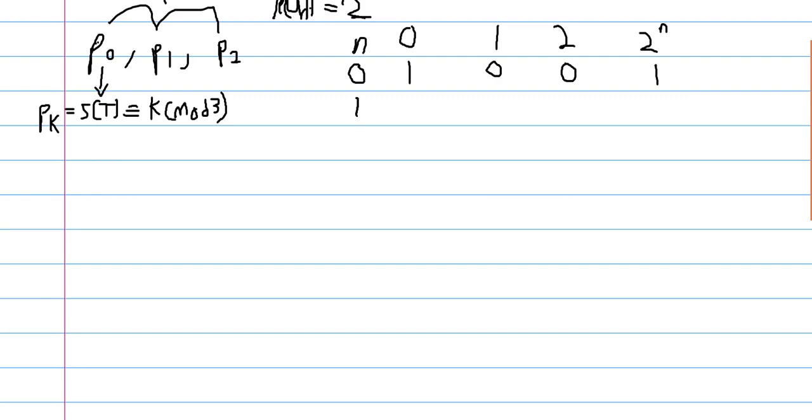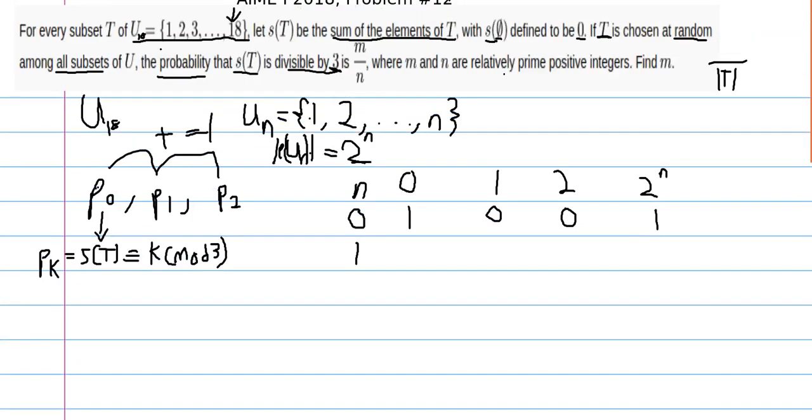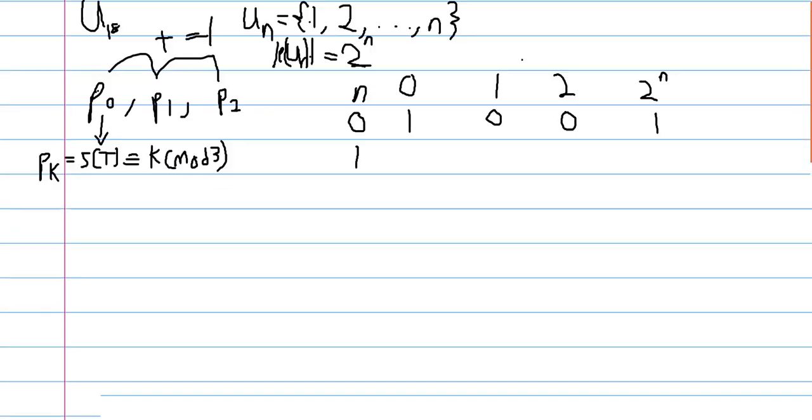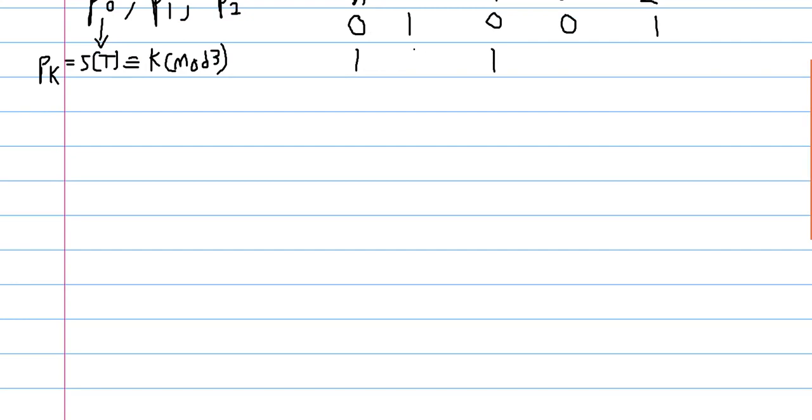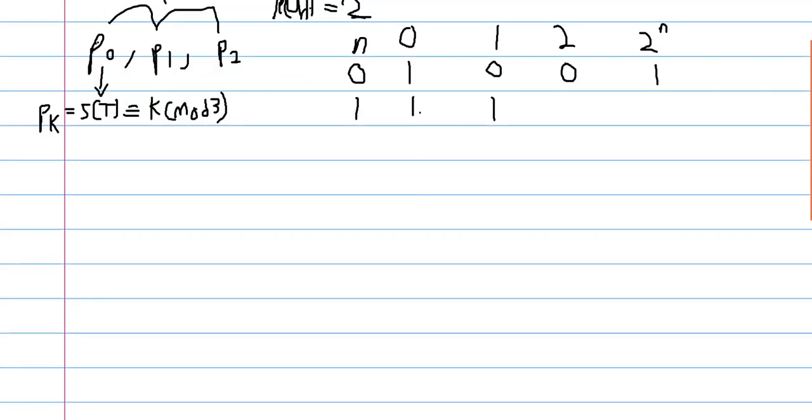Then for n equals 1, we can either have the empty set or the set containing 1. So we have 1, 1, 0.